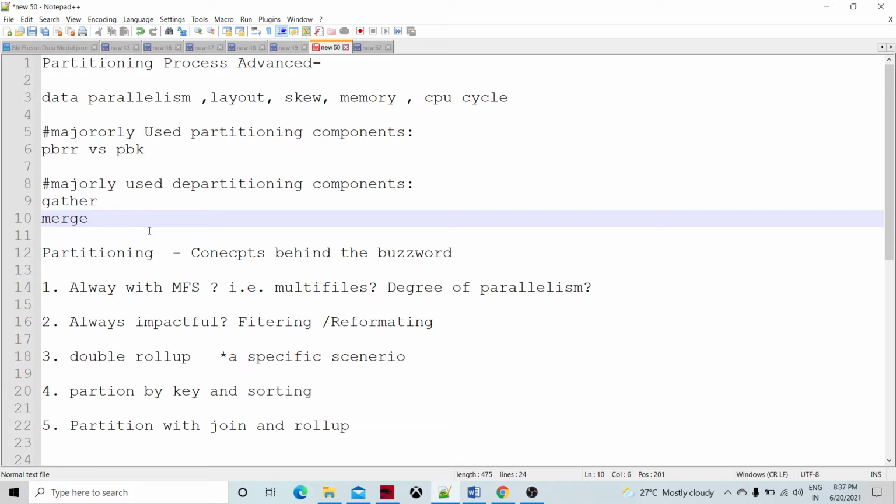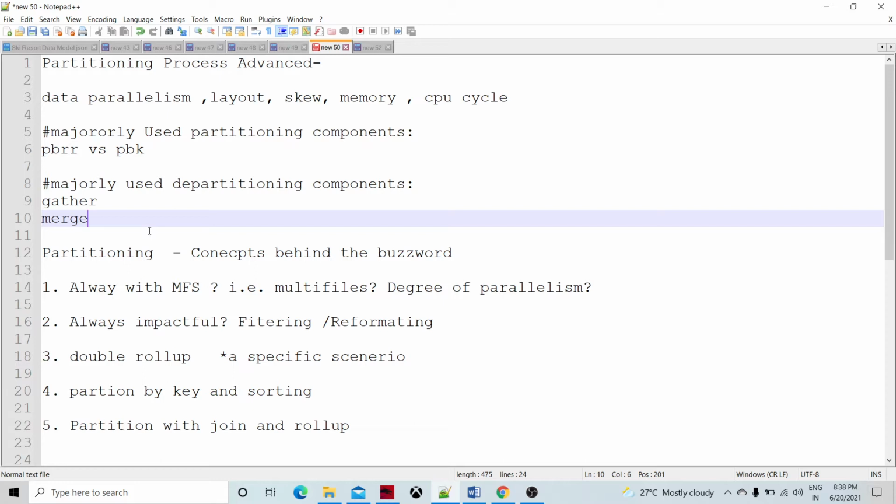When we talk about data parallelism, we need to divide the work among different compute nodes so that the nodes can work on different data, from the same data sets, in parallel, and do the job very efficiently and very fast.